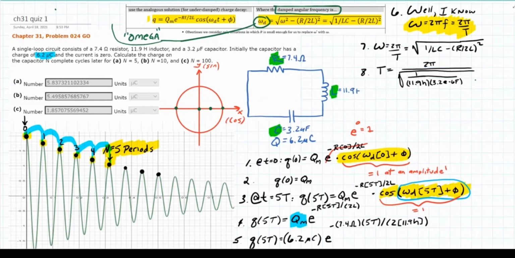So that's 1 over LC minus, it's getting kind of extended, minus R, 7.4 ohms, all over 2 times L, and L is, again, 11.9 henries, and this whole term here needs to be squared.